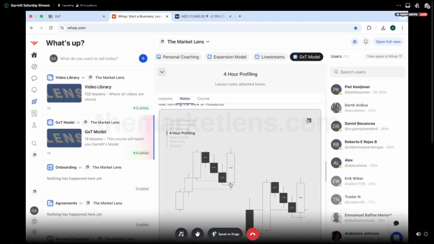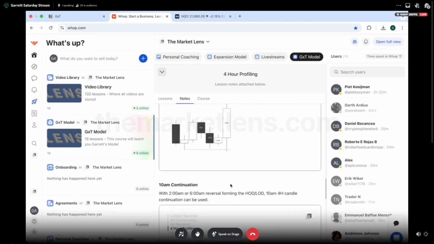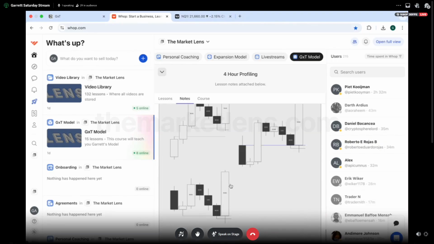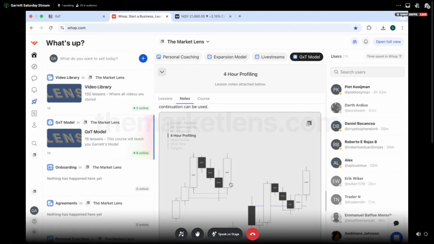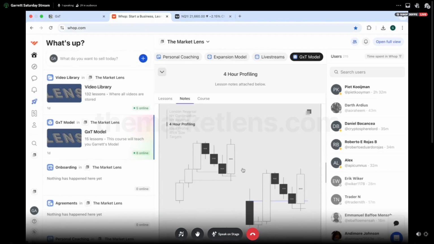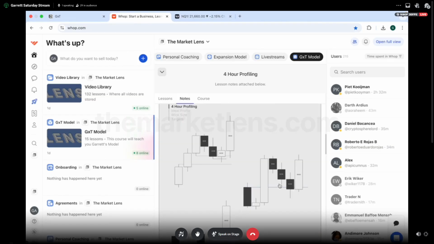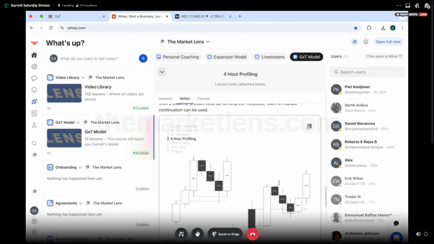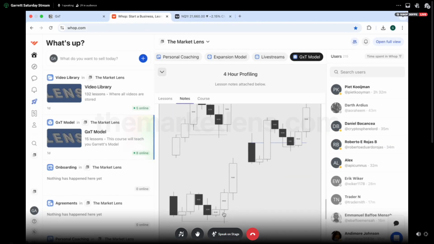Let's find 6 a.m. reversal. Where is it at? 10 a.m. reversal. Is this at 6 a.m. reversal? Sorry. Oh, sorry. We're trading 10 a.m. continuation. I'm so dumb. Where's that at? 10 a.m. continuation. Sorry. It looks something like this, right?